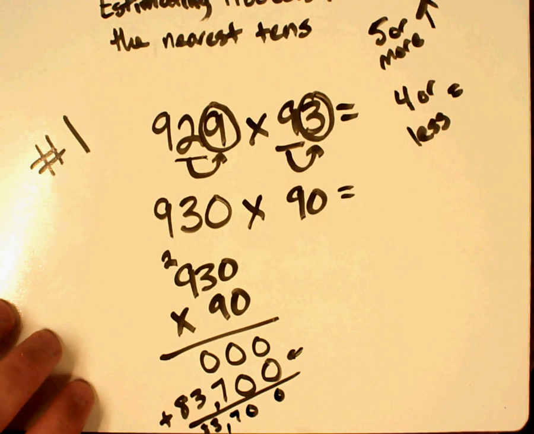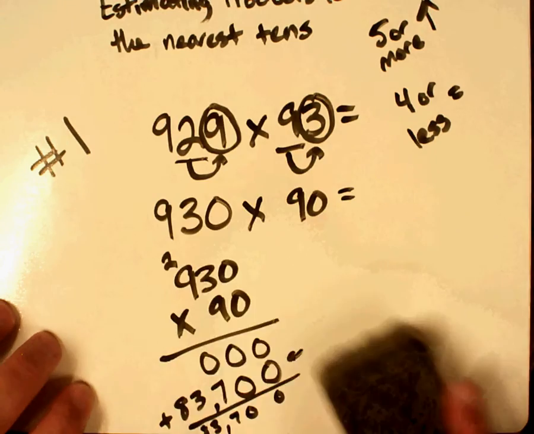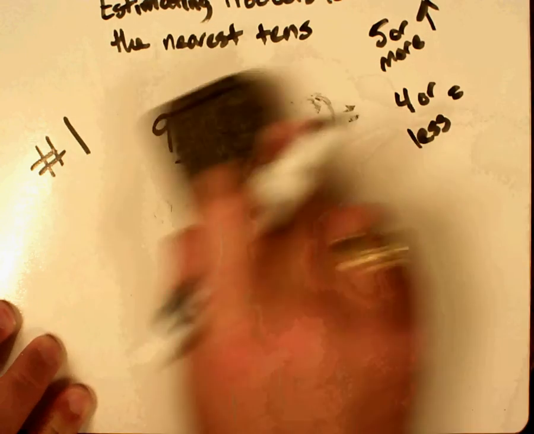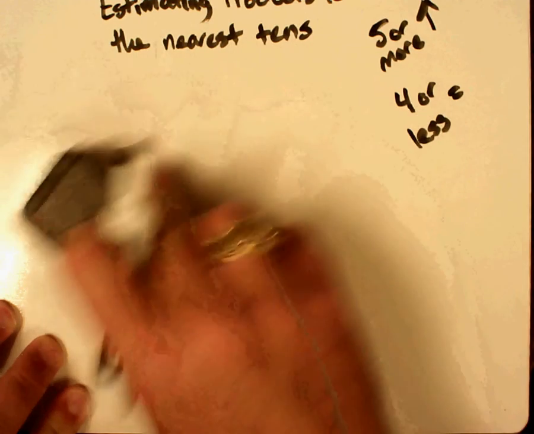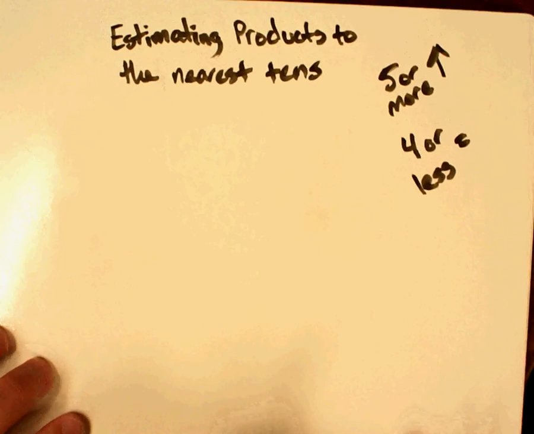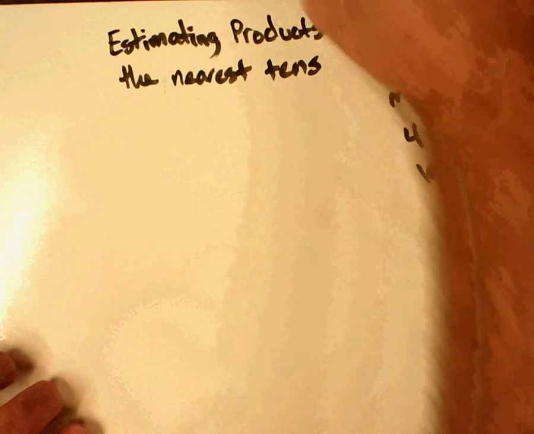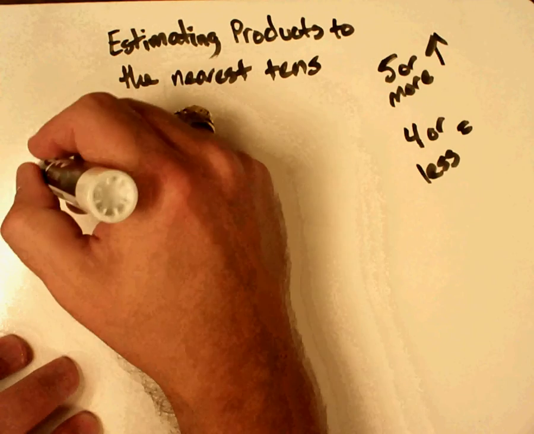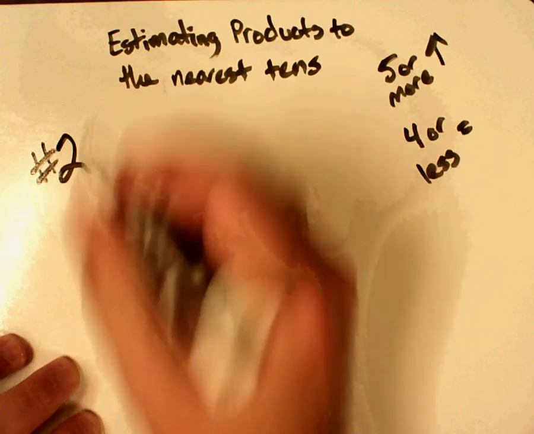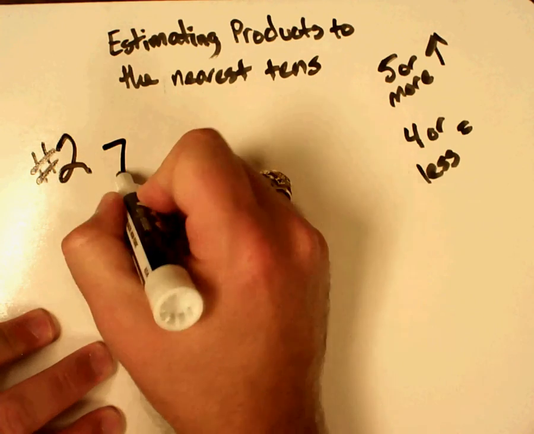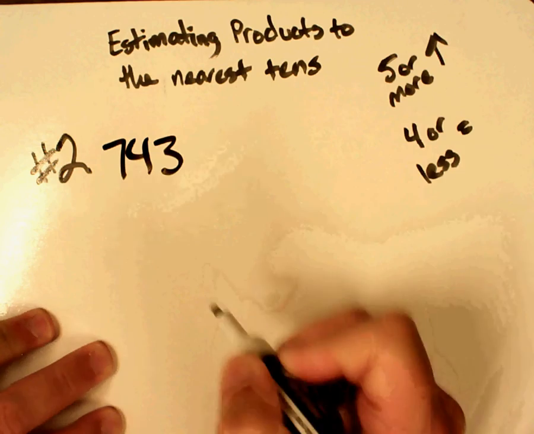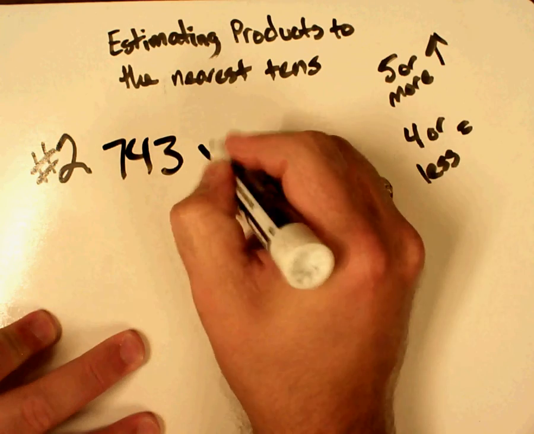Alright. Let's go on to number 2. Alright, so number 2, we have 743 times 26.